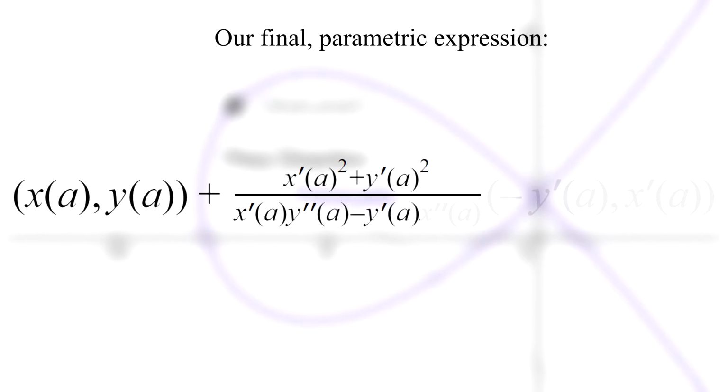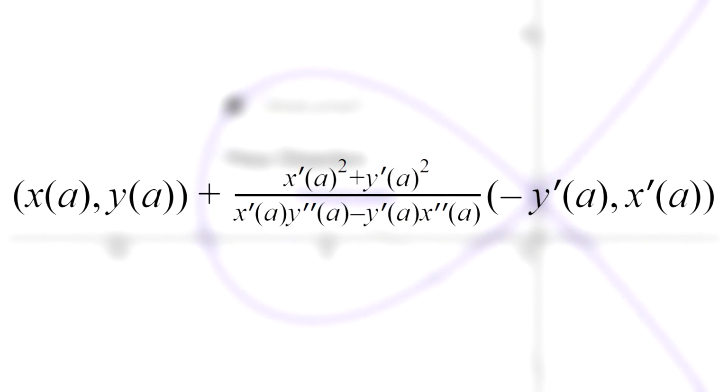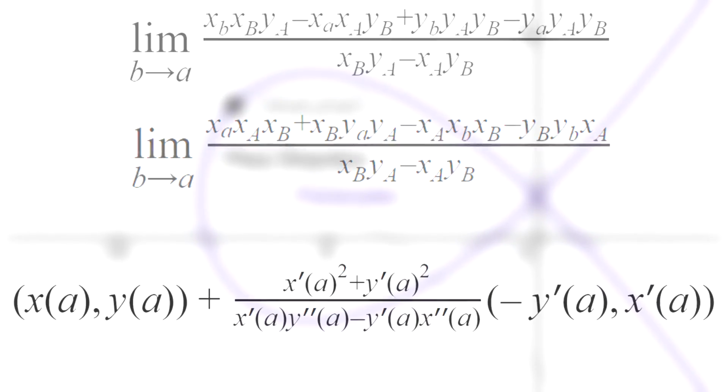Out loud, our final expression as a whole is x a, y a plus x prime a squared plus y prime a squared all over x prime a, y prime prime a minus y prime a, x prime prime a times the coordinate negative y prime a, x prime a. This expression right here is the limit of the two chunk expressions joined into one.